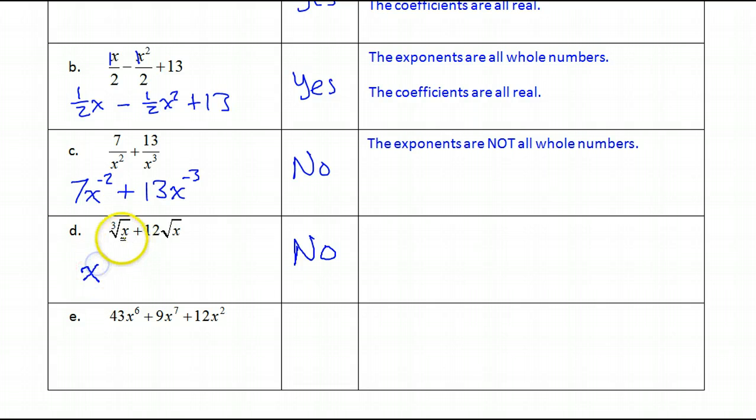For example, cube root of x is the same thing as x to the 1/3 power. And so we have a coefficient of 12, but this is the square root of x. Square root is the same thing as 1/2 power. So again, these exponents are not whole numbers, so that's why this is not a polynomial.